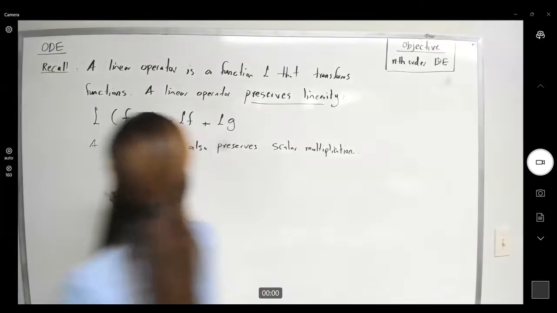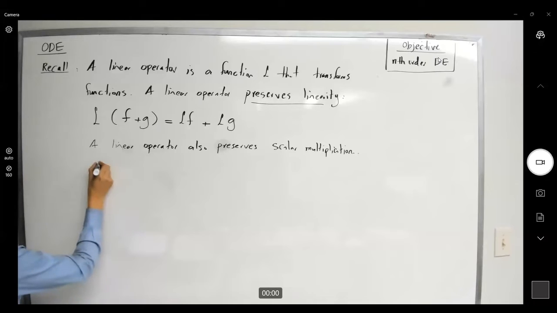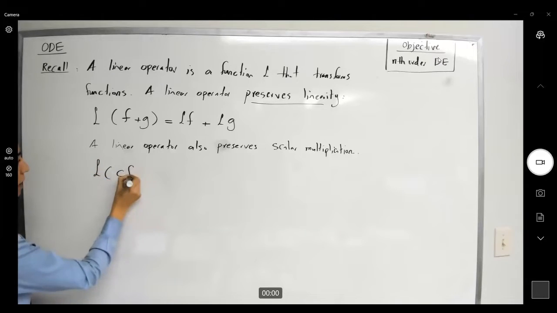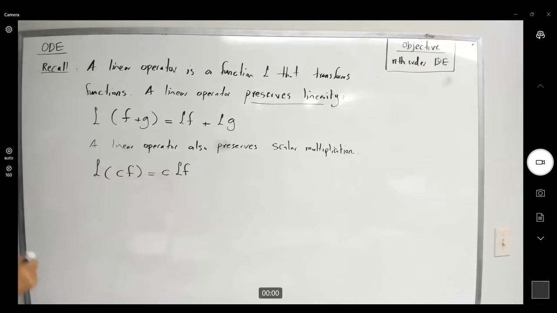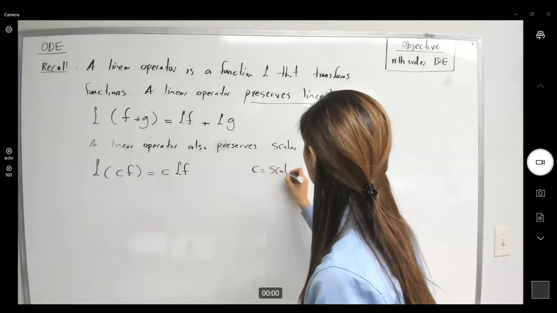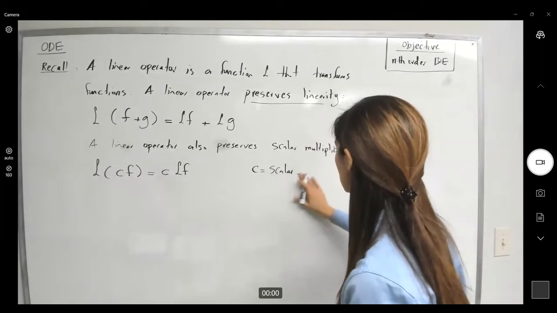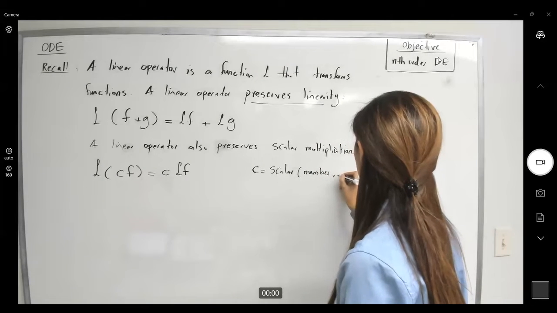What's the meaning of that? It means that if you have a scalar like c, L of cf can be written as c times the transformation of f, where c is a constant. The scalar, or another name, just a constant, just a number value.